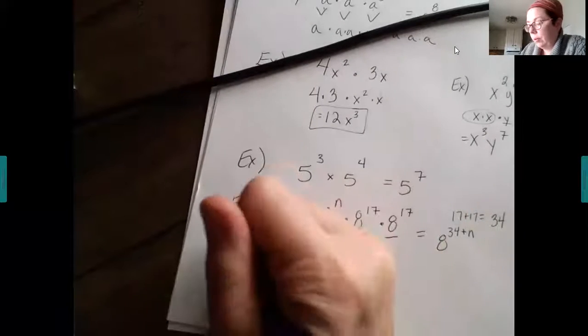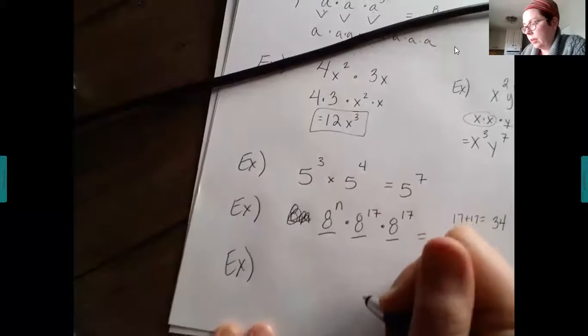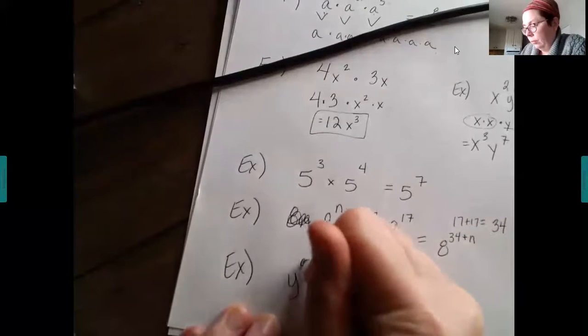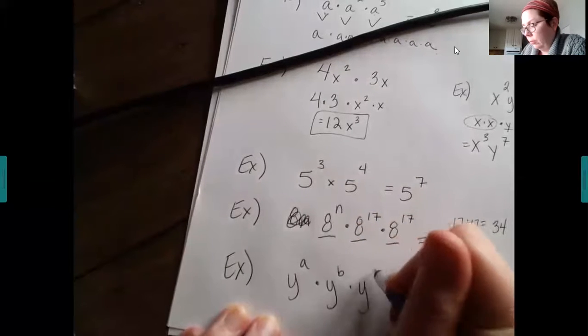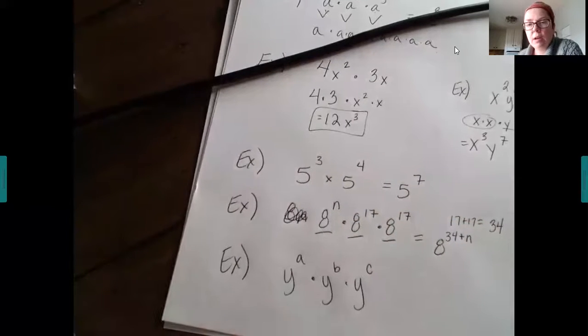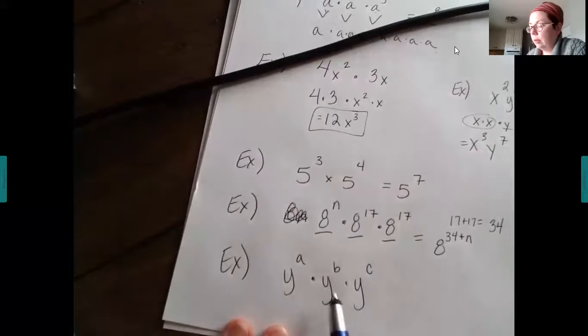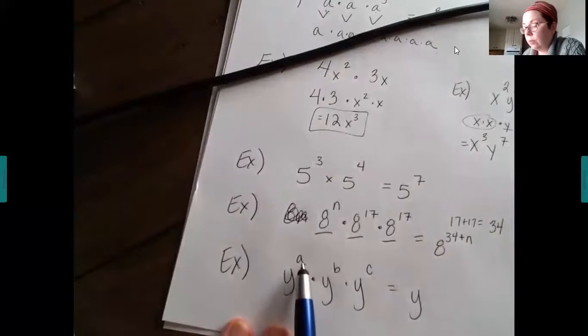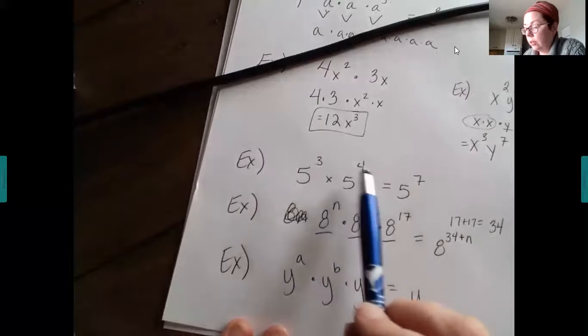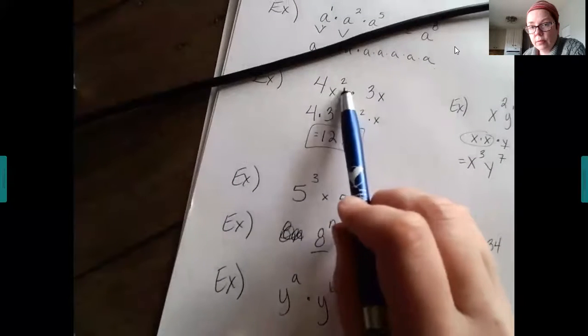There was another example that looked kind of like this. Kind of weird, right? What are you supposed to do with that? There's just a bunch of letters. But again, the bases are all the same, so you keep the same base. And if these were numbers, we could add those together, just like this and that.